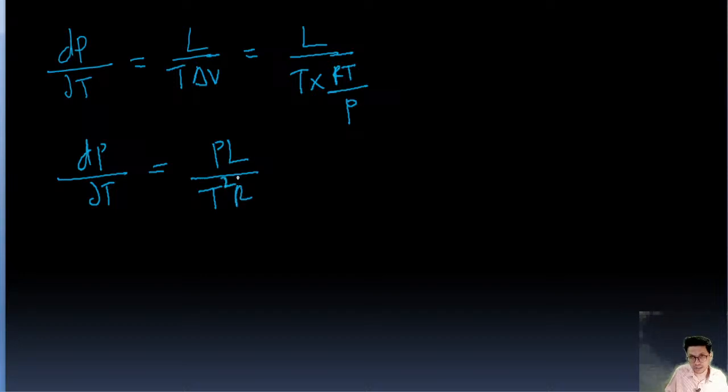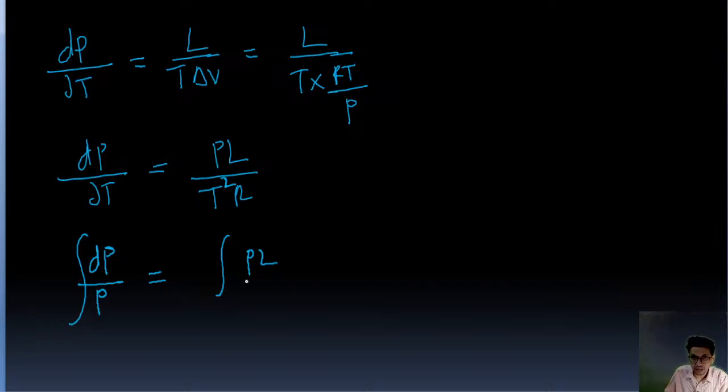From here we can write dP upon P integration equal to integration of L upon R T square dT. We'll integrate it.